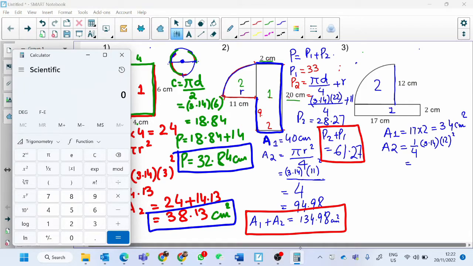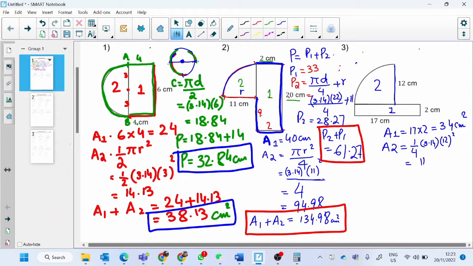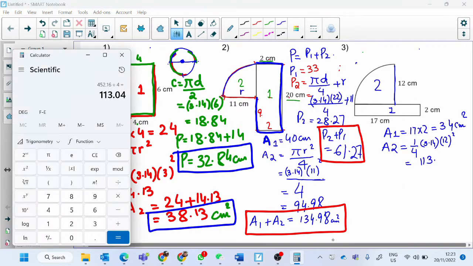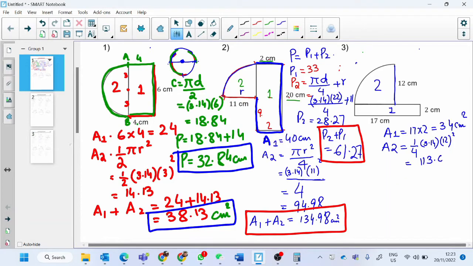12 square is 144 times 3.14, and then we divide it by 4, so this should give us 113.04. So this is the area of the second shape.